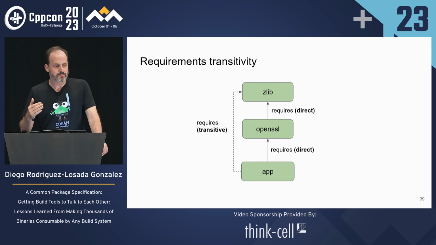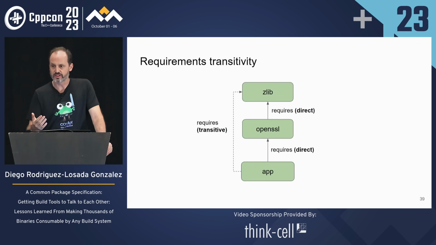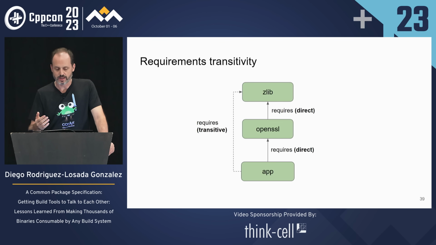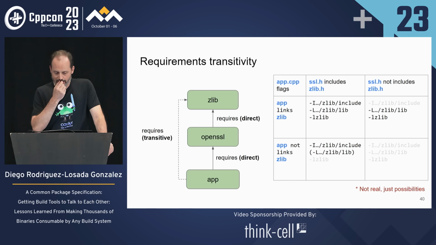When we have transitive dependencies, okay, let's say we have an application that is linked to OpenSSL. Okay, this introduces a transitive dependency to zlib. And it happens that depending on how OpenSSL uses zlib, the transitive requirements to the final consumer applications will be different.